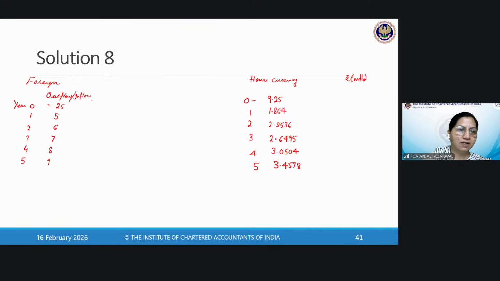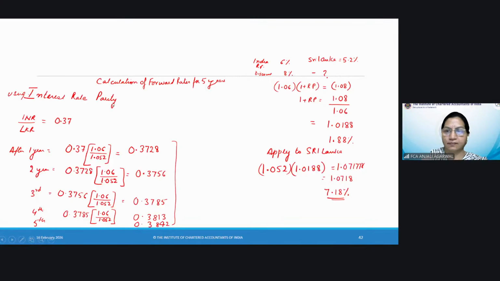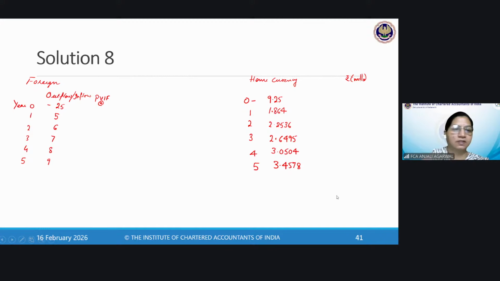These will be discounted at 7.18%, and these will be discounted at 8%. So you can quickly calculate the PVIF factors, 1 divided by 1.0718. For first year it is 1.